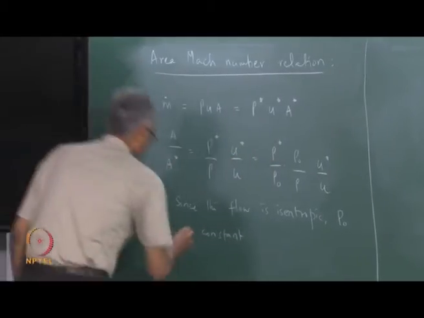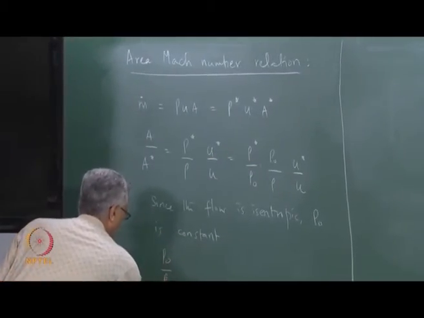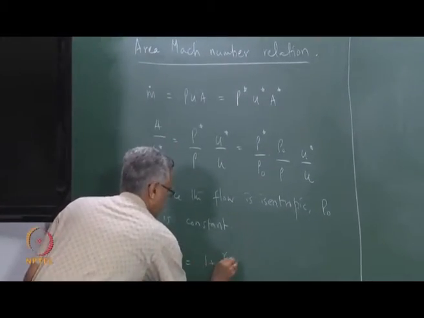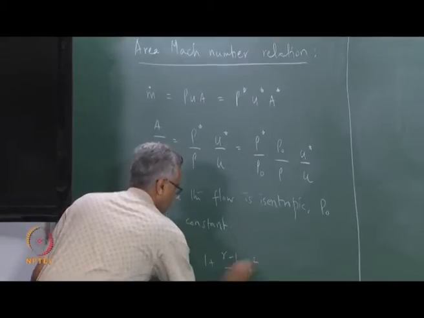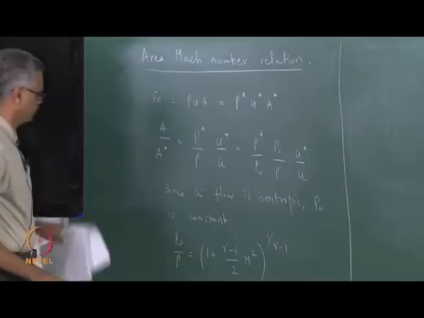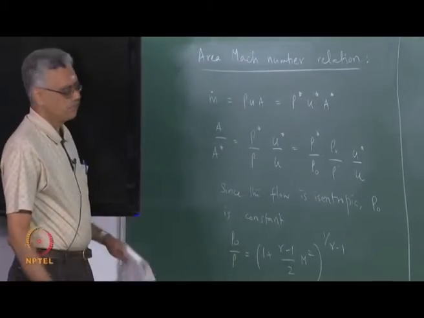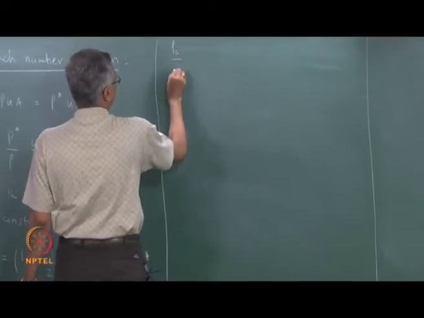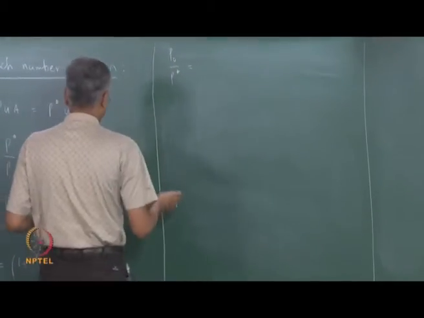And if you recall from our first module, rho naught over rho can be written as 1 plus gamma minus 1 over 2 times M squared, raised to the power 1 over gamma minus 1. If I substitute M equal to 1 in this relationship, then I get rho naught over rho star.